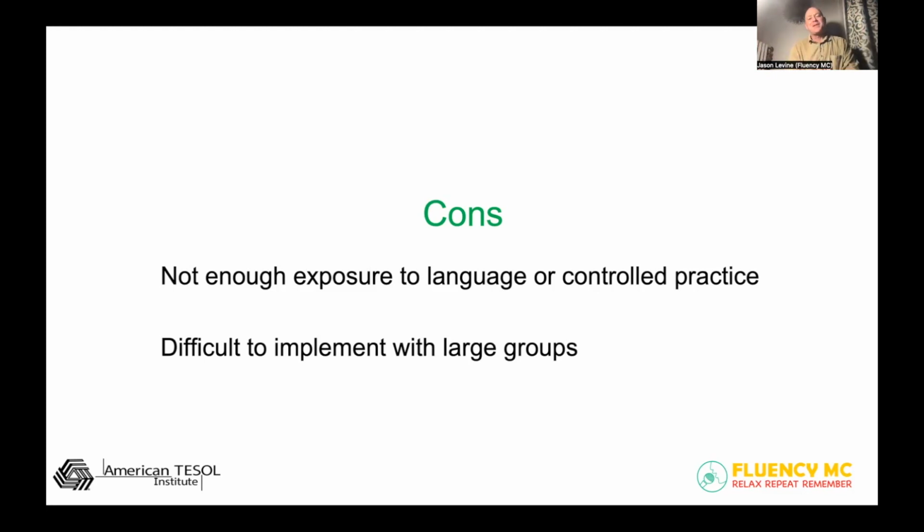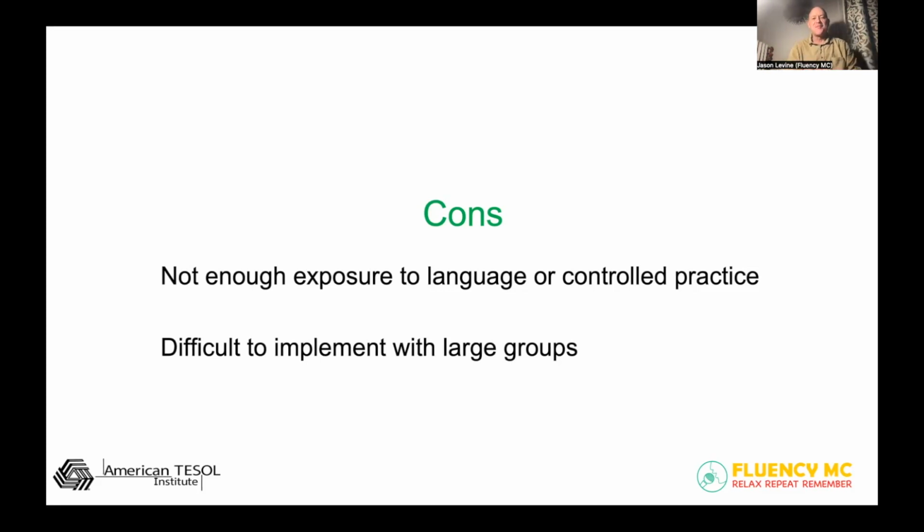So what happened is communicative language teaching understandably said, look, this drilling, this very controlled use of grammar and vocabulary, doesn't give our students freedom to really do what they need to do in a free way. Problem is, if you don't have enough controlled practice, what happens to your accuracy?